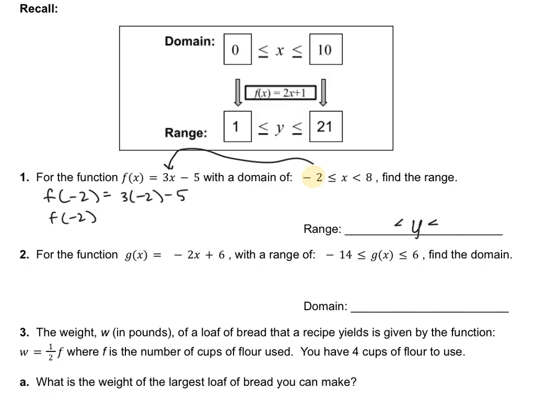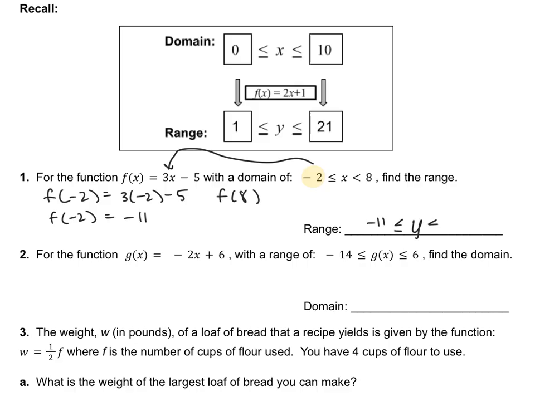The value of the function would be -6, and then -6 minus 5 is -11. And since x can equal -2, y can also equal that number, which is -11.